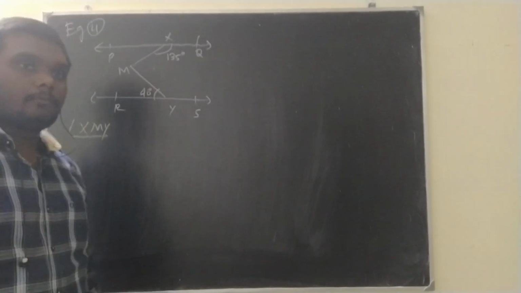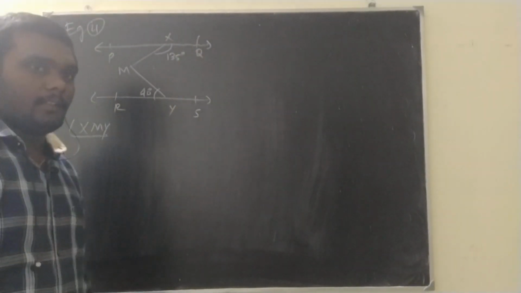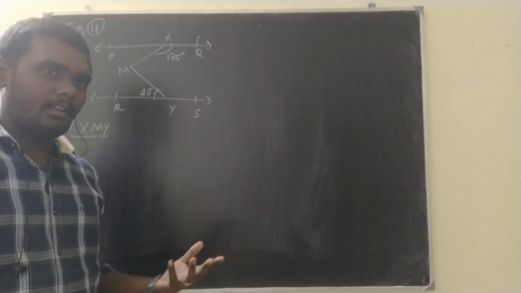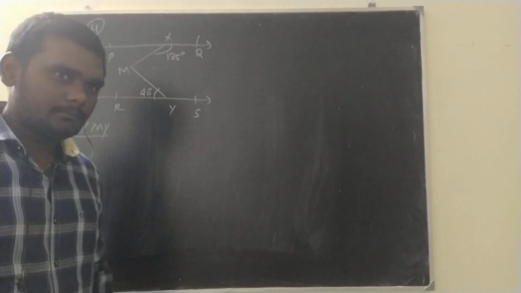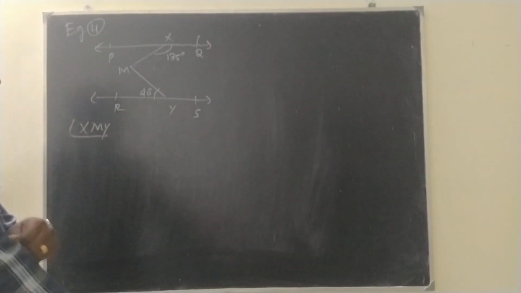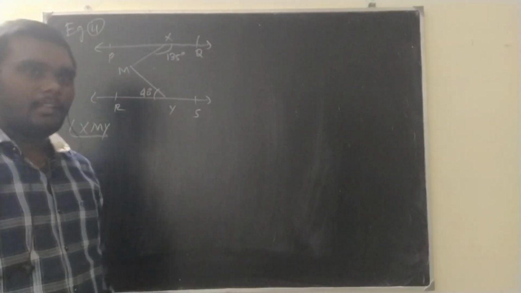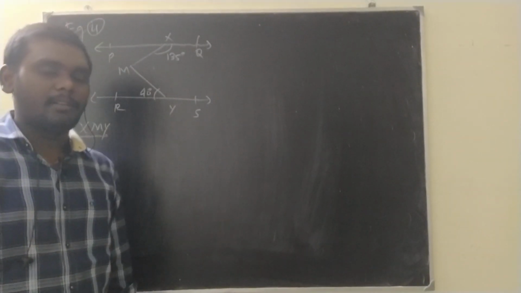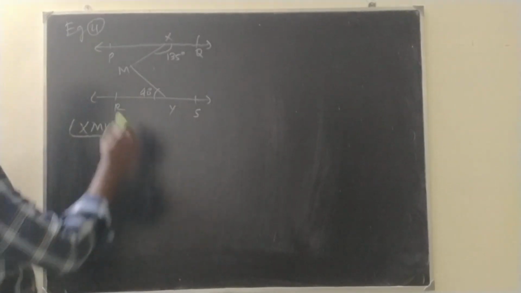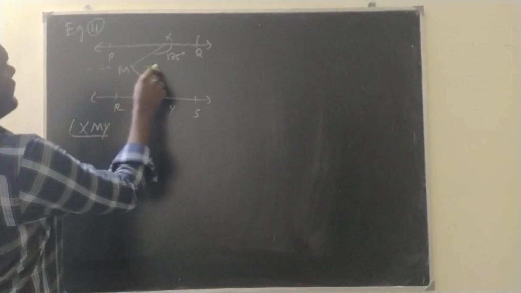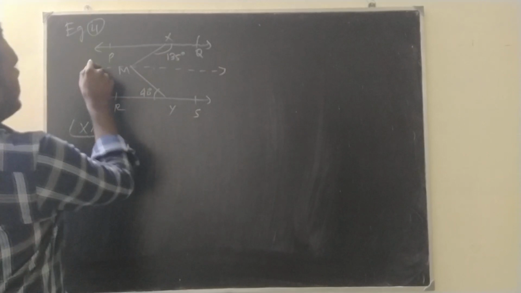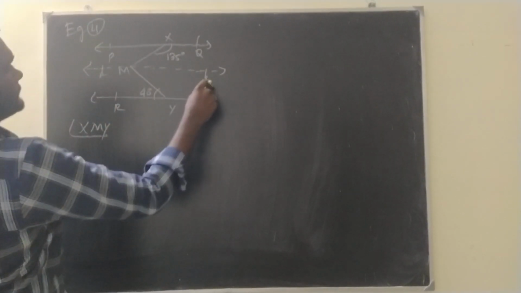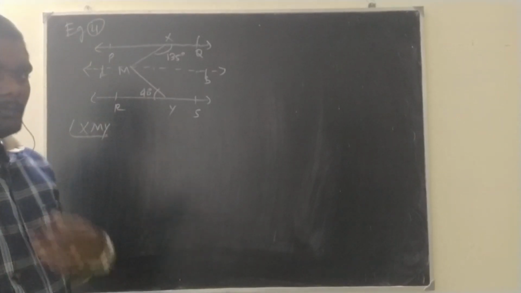See, here only two parallel lines are there. You know about the corresponding angles, alternate interior angles, all those properties, right? Okay. Then, can any other property be applied here? No. We can make use of the previous concept, lines parallel to the same line. We will draw one imaginary line which is parallel to both of these, and we will name it AB.